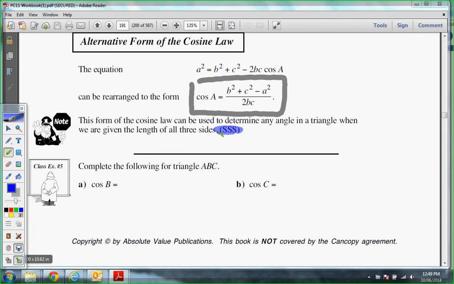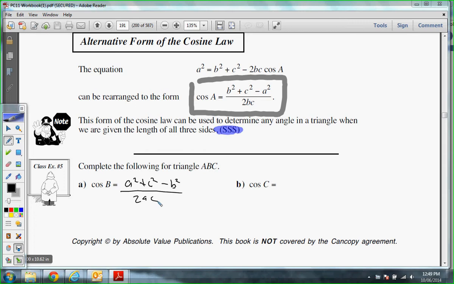Okay, so what this is asking is, cosine B, notice the pattern, it's the other two, not B: cosine B equals A squared plus C squared minus B squared over 2AC.